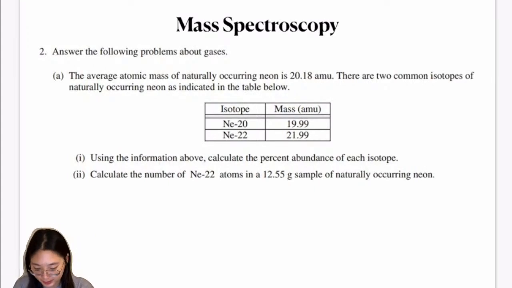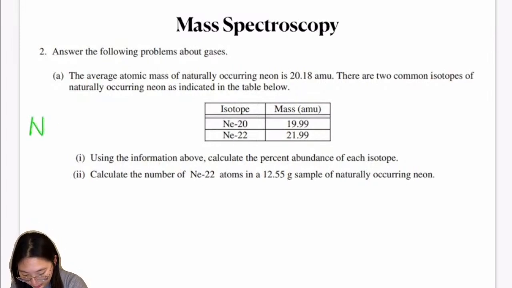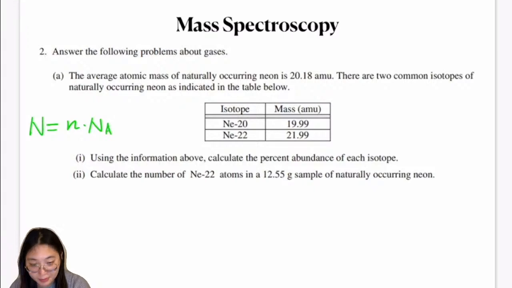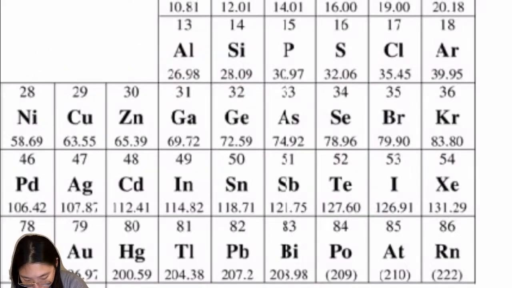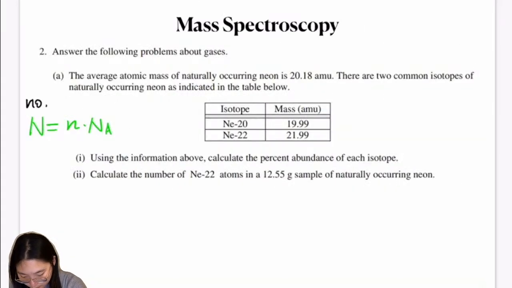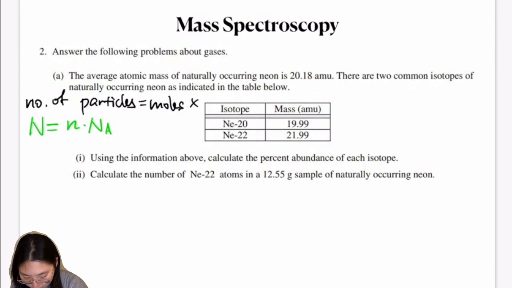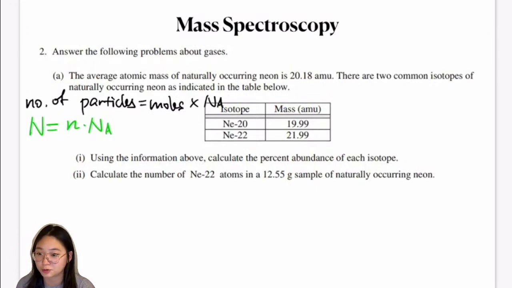I know for sure that we calculate the number of particles by using the formula N is equal to n times NA. The capital letter N represents the number of particles, which is equal to the moles multiplied by Avogadro's number, 6.022 times 10 to the 23.